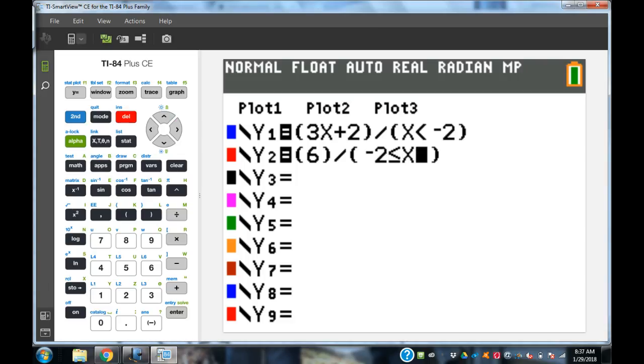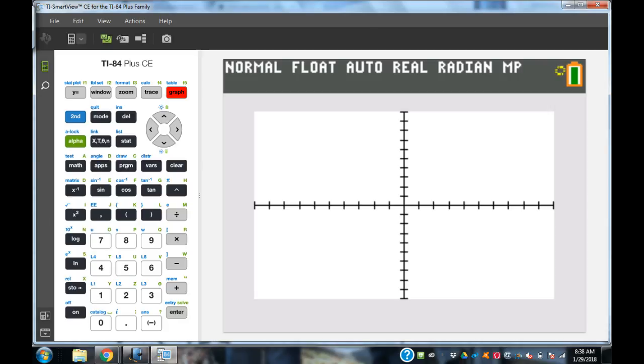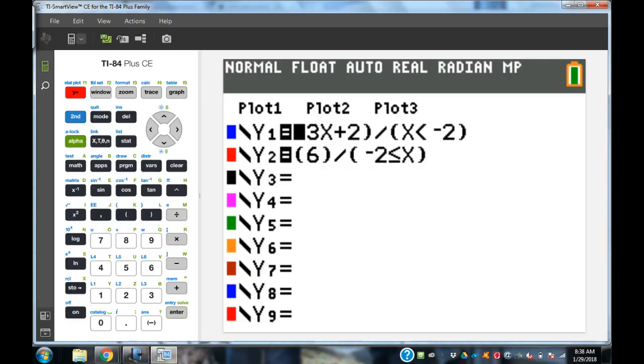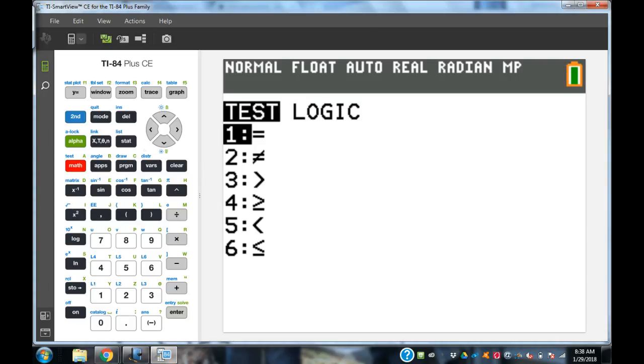Okay. If I delete this. Graph. I actually think, let's try this second test.